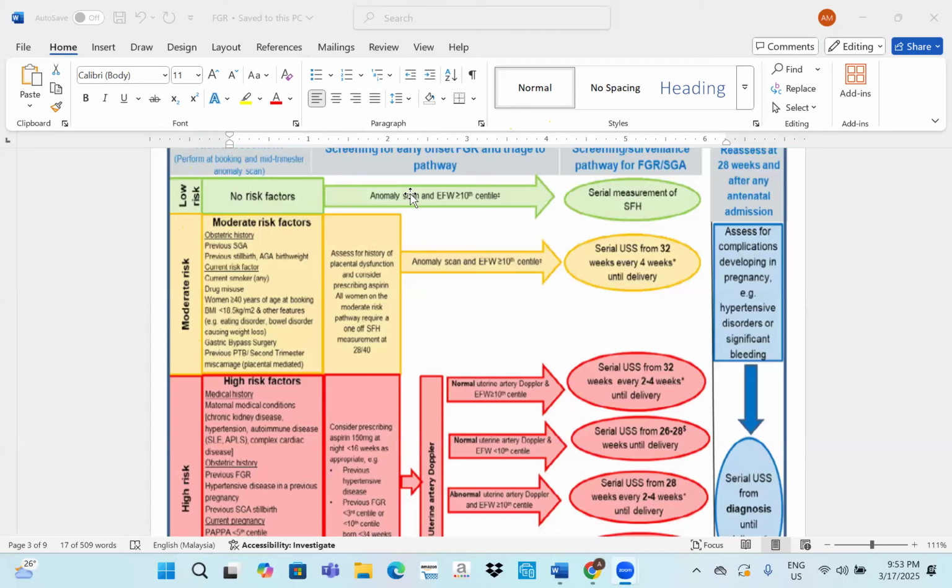Okay, the standard practice is that whenever you see a patient, in some countries like the UK, they plot the symphysiofundal height on a chart after 24 weeks. This is a kind of chart with gestational age given at the bottom on the x-axis. On the y-axis, on the left side, there is symphysiofundal height measurement given.